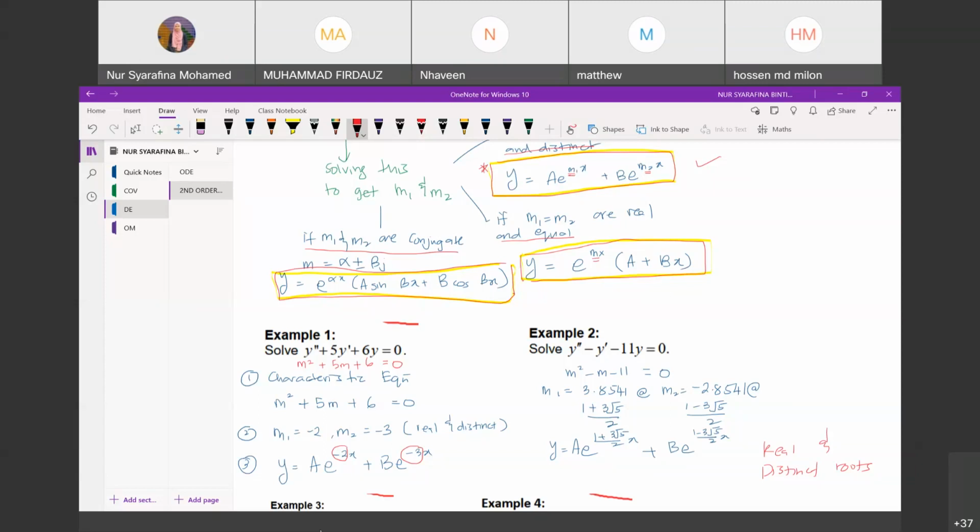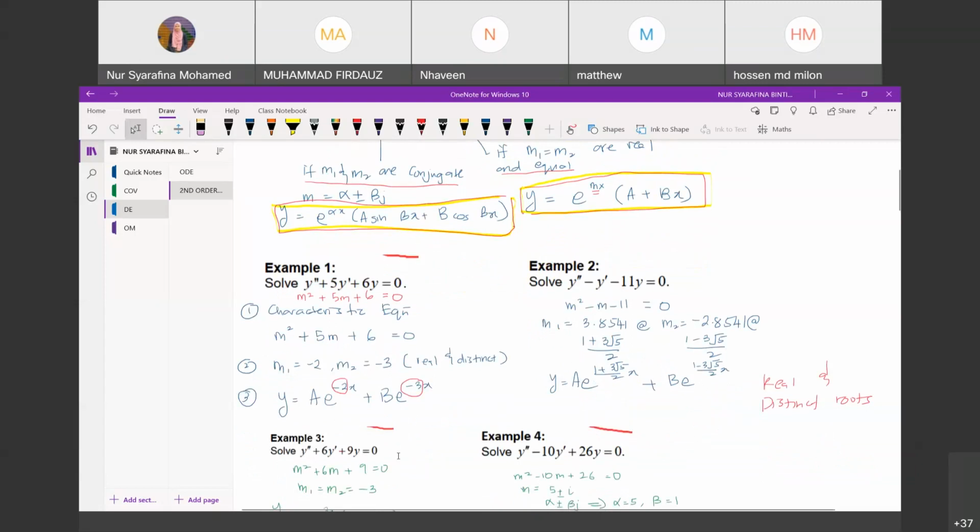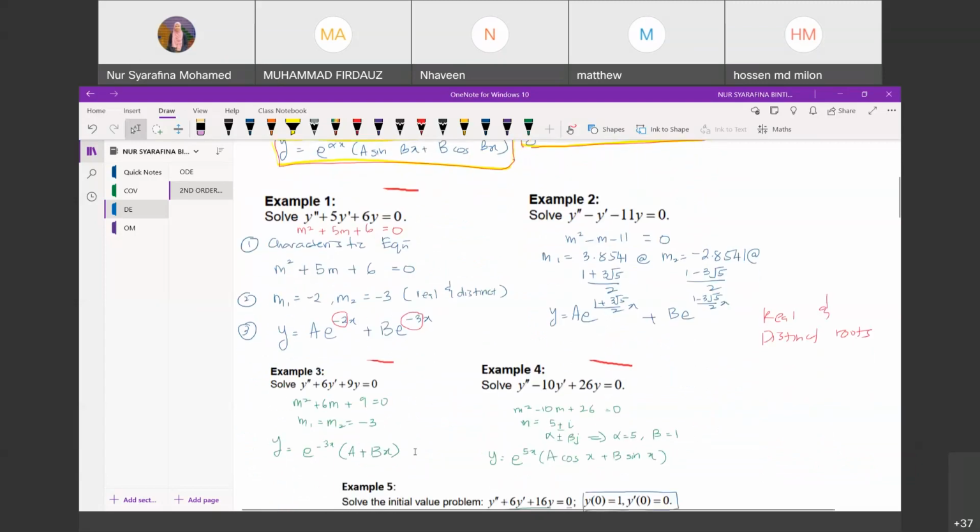Anyone has question? Okay, next, try examples 3 and 4 here. We have y double prime plus 6y prime plus 9y equals 0. As you can see, for this example, all of them equal 0.